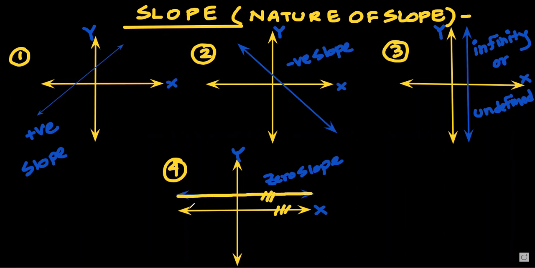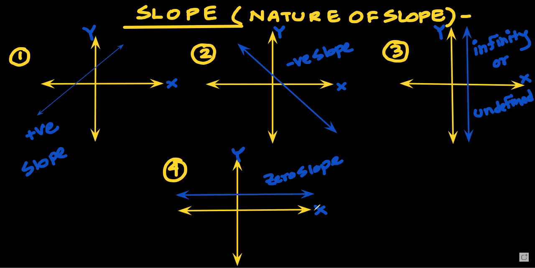Parallel means they're not intersecting, so they have no angle between them. That means the slope is 0. The steepness is 0, right? Slope is also the measurement of the angle which the curve makes with the positive x-axis. Though it's not exactly the angle, it's the tangent of the angle, so we can neglect it. Quantitatively, it's the tangent of the angle, but qualitatively, it's the measurement of the angle it makes with the positive x-axis.